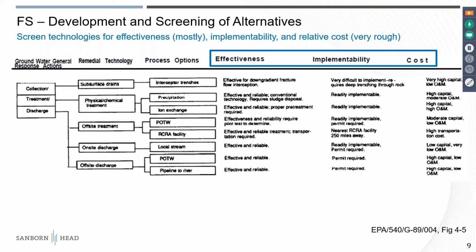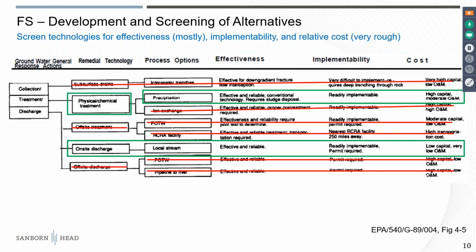And costs are just intended to be general, relative in comparison to one another. We're not looking for fine-tuned cost estimates at this stage. So you go through this screening process and you basically rule out things that are either not going to work at all or are just way too expensive, and you narrow down into a smaller group of technologies for the general response action that you're shooting for.